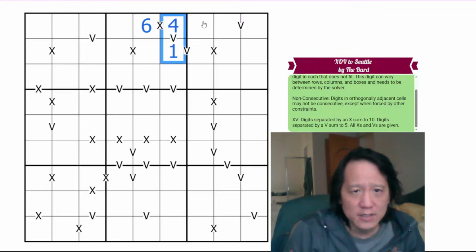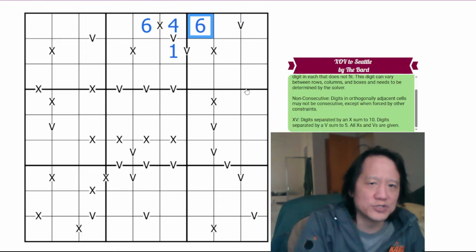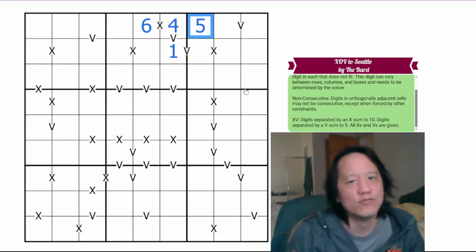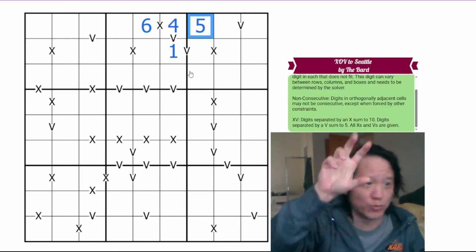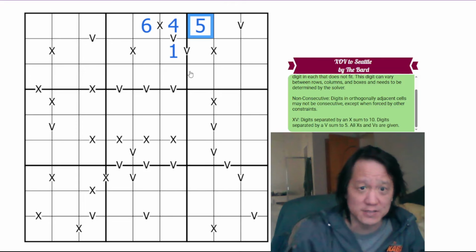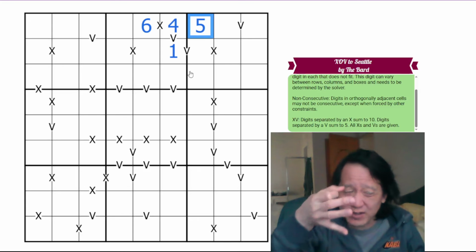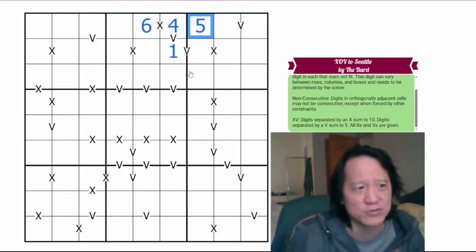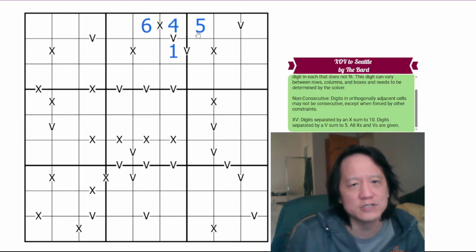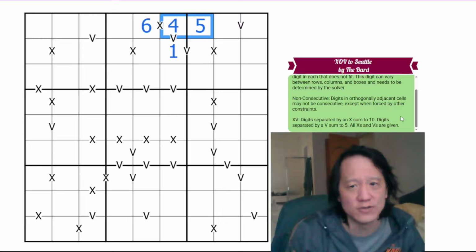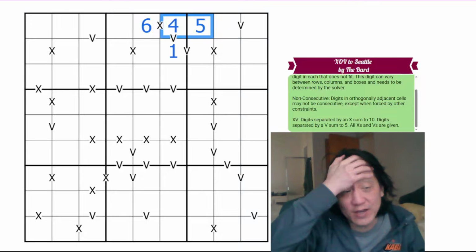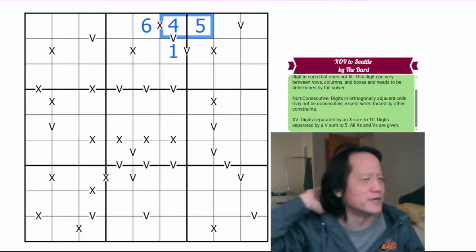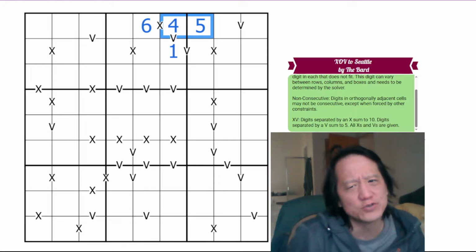And this could not be 1 or 6 or 3 or 5, because we have the non-consecutive rule set, except when you're separated by V, I guess, and only when there are 3 V's in a row? I don't know. That's just kind of strange. And then you can't have 1 or 6 here because there's no X or V in between, and all X's and V's are given. I like these types of puzzles, but the rule set is very strange.